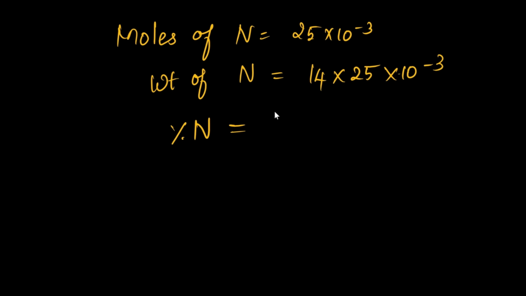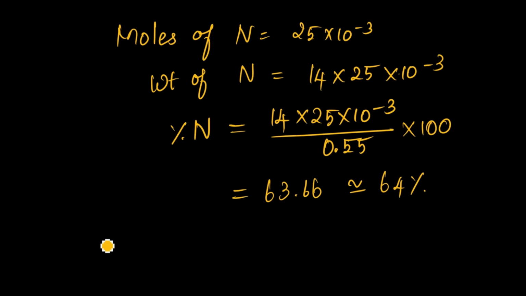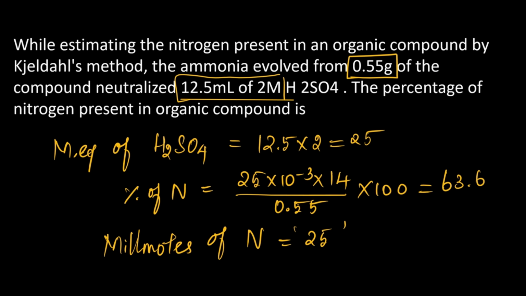Percentage of nitrogen is equal to weight of nitrogen, 14 into 25 into 10 to the power minus 3, divided by 0.55 into 100. So I'll get 63.66. So approximately 64%. Okay, 64 is the percentage of nitrogen present in the organic compound.